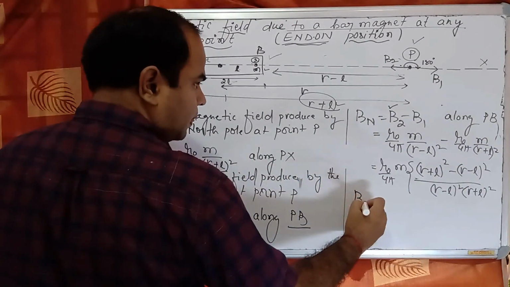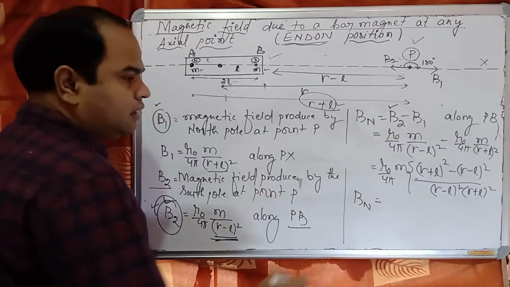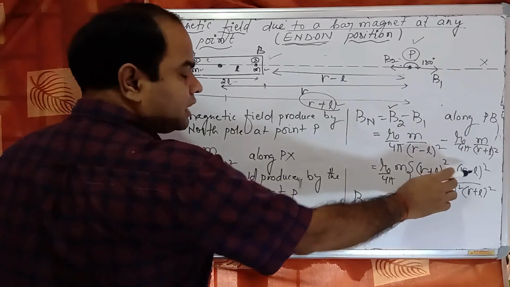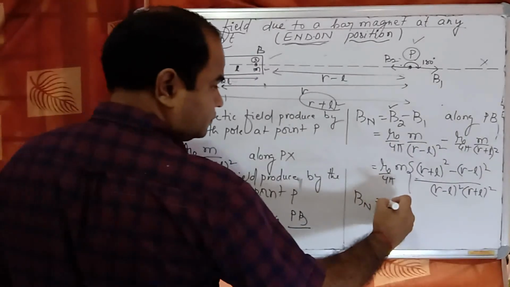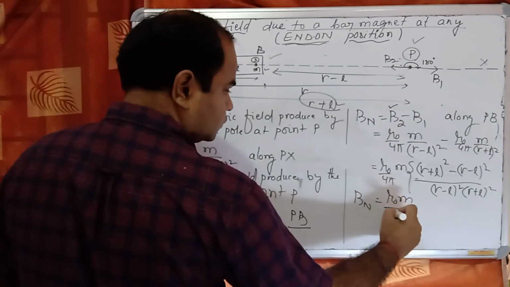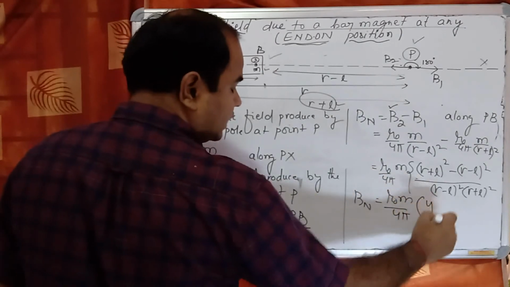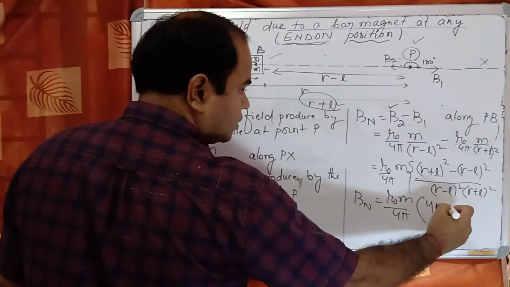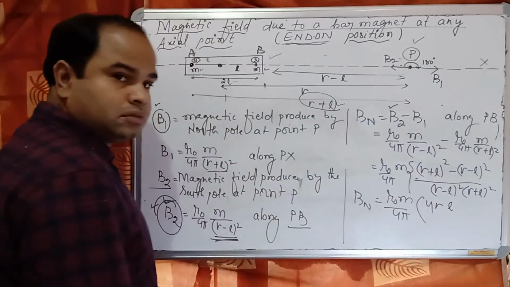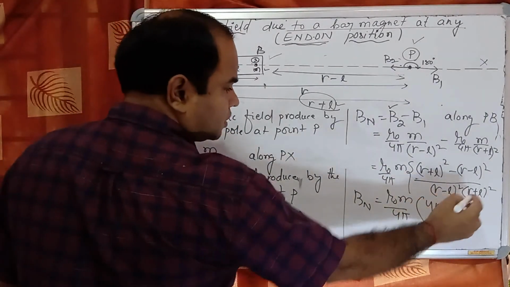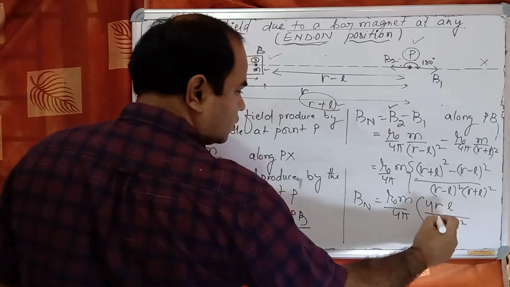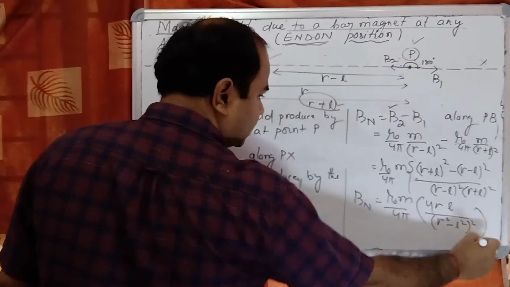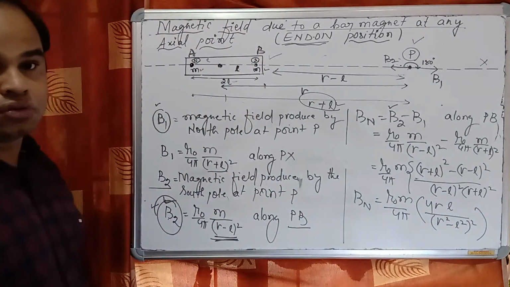Here a plus b the whole square minus a minus b the whole square is equal to 4ab, where a is r and b is l. In the denominator, a minus b times a plus b is a square minus b square, the whole square, so that is r square minus l square the whole square.